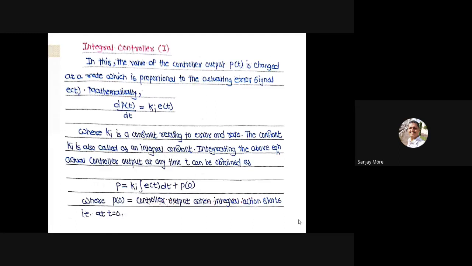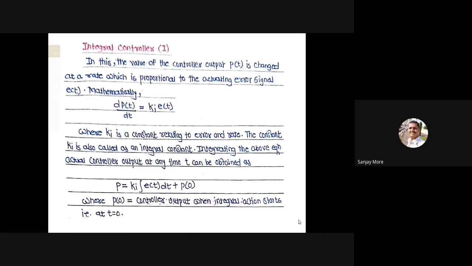The expression for the control output at any time t is therefore P is equal to Ki integration of E of t dt plus P0, where P0 is the controller output when integral action starts, that is at t is equal to 0.